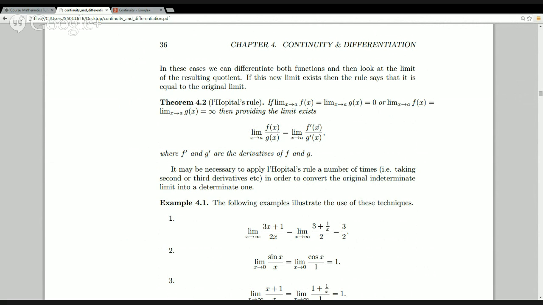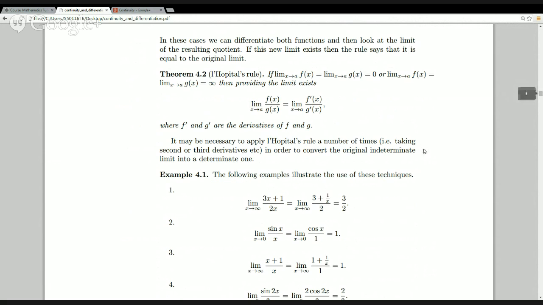And if the new quotient has a limit, it will be the same limit as the previous one had. So you can use that as a tool to try and evaluate limits of more complicated functions. We'll be seeing a proof of L'Hopital's rule once we have a full detailed view of what the derivative of a function is.